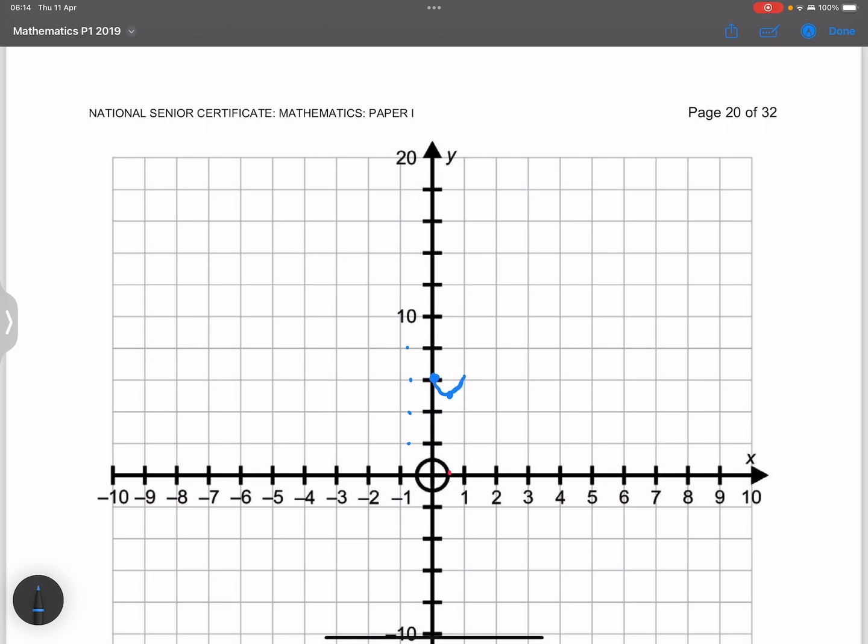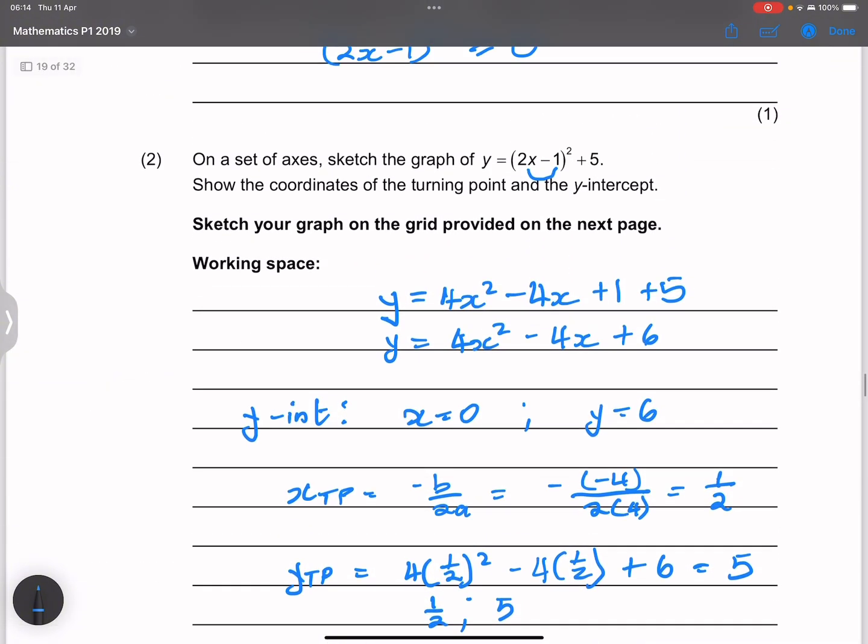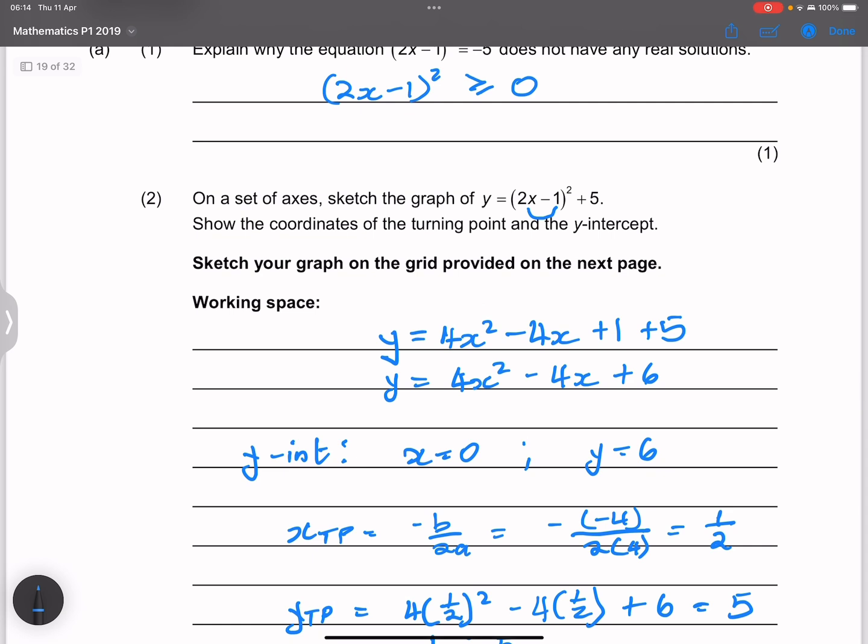Well, maybe I can get the negative 1 value. Let me see. When I substitute negative 1 over there, so if I say x is negative 1, that's negative 3 inside the bracket, all squared, that's 9. 9 plus 5 is 14.